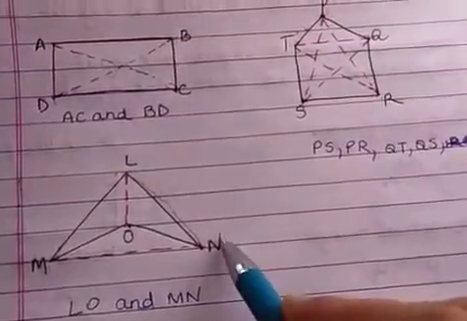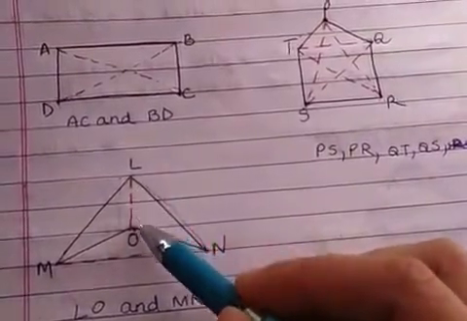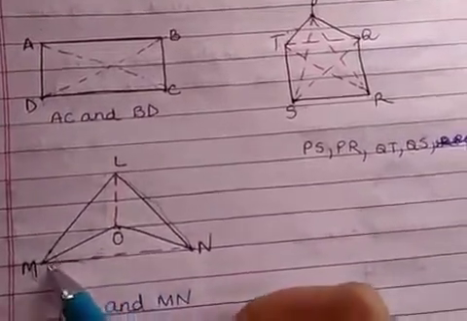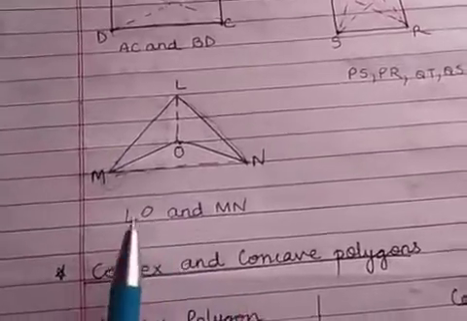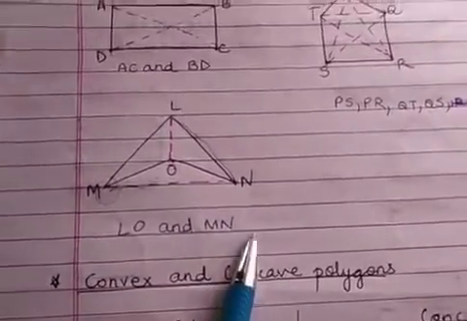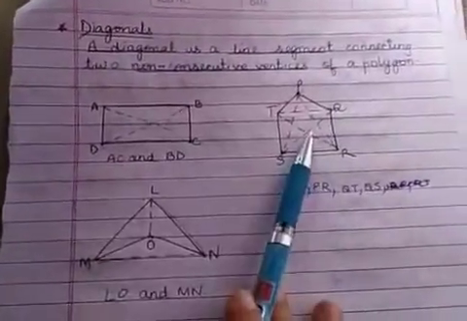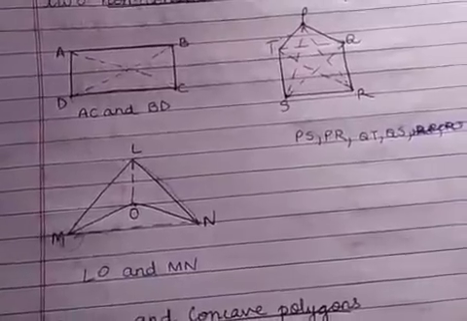And for this, similarly, these two are consecutive, so this is the non-consecutive vertex, and the diagonal is this. So which are the two diagonals? LO and MN. So you see that the diagonals of a polygon can either lie inside the polygon or can also lie outside the polygon.